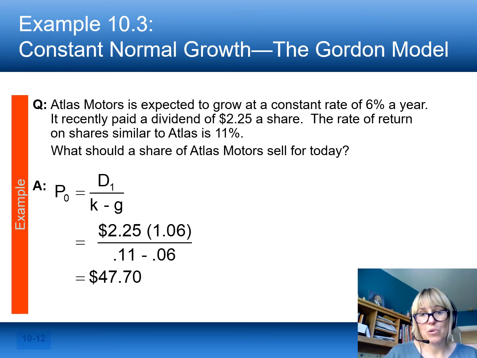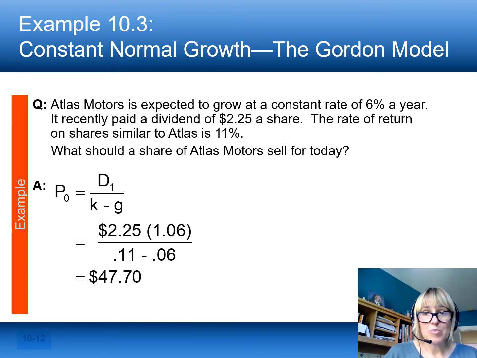That's a really important thing when you're reading finance questions on valuing shares: understand whether you're looking at D0 or D1 in the given information. Once you know whether you've got D1 or D0, you know whether to multiply by 1 plus the expected growth rate, or just take it as is. If it is D1, you're just going to take it as is. You're not going to multiply it by that extra 6%.